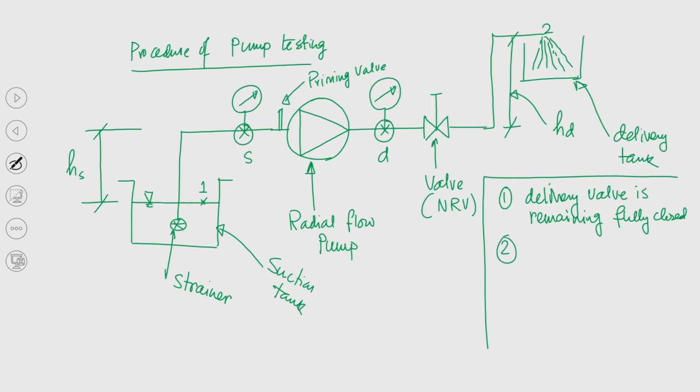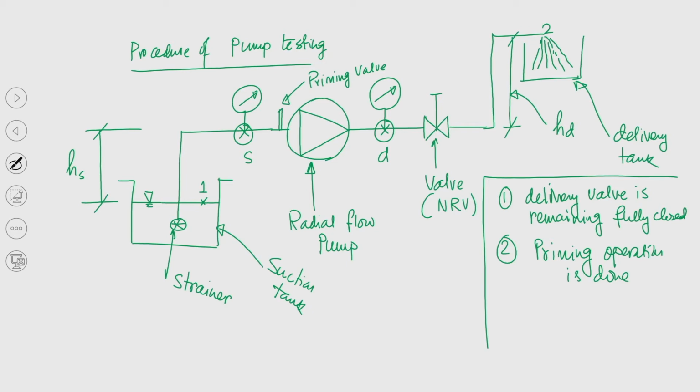Number 2, is priming. So, priming is done. Why? Before we start running the pump, the delivery valve is remaining closed. What we will do? By opening this priming valve, we will allow liquid to go through the suction line.